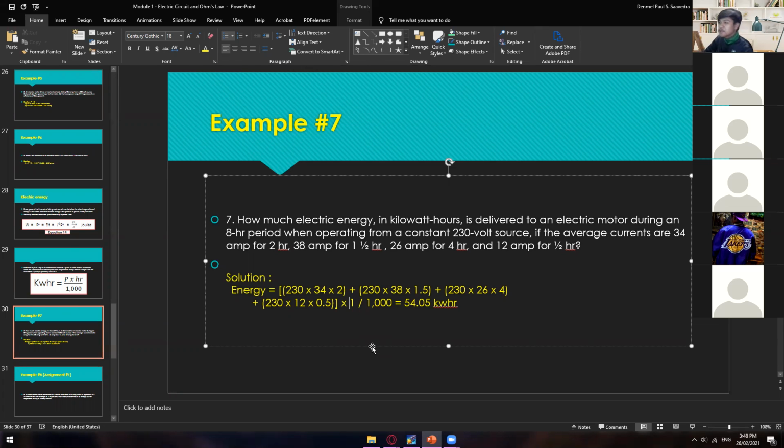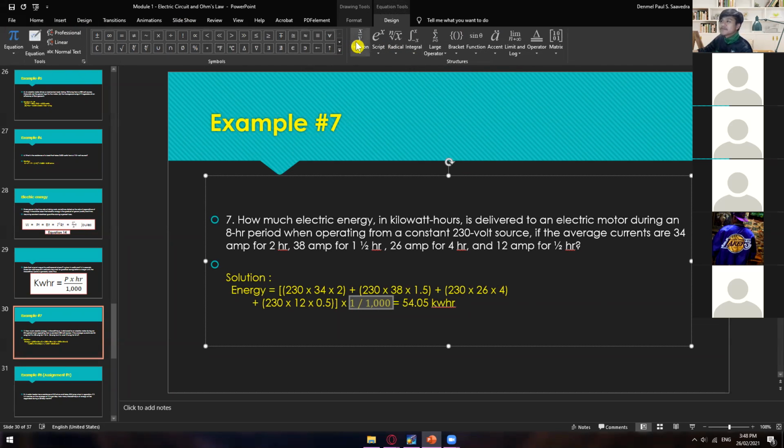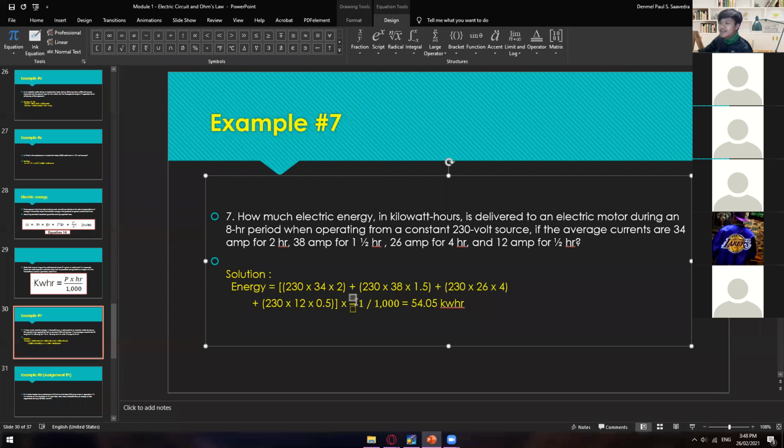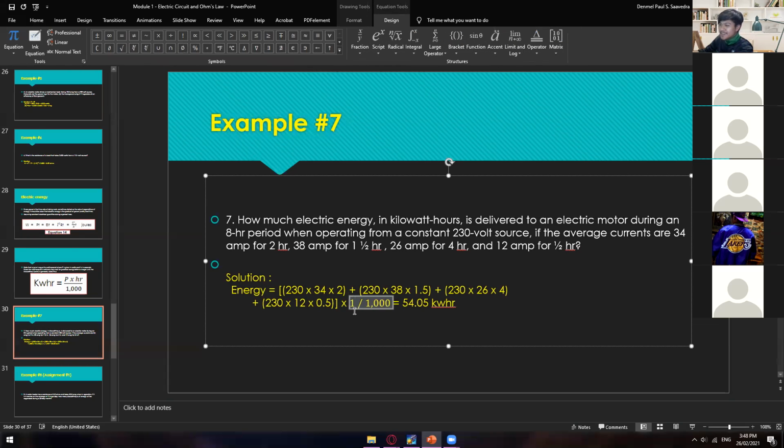So supposedly this one is in a form of 1 over 1000, something like that. Okay. Thank you, sir. So you can just remove this one and then divide it by 1000. So the whole equation itself.